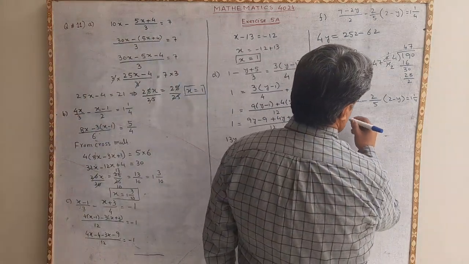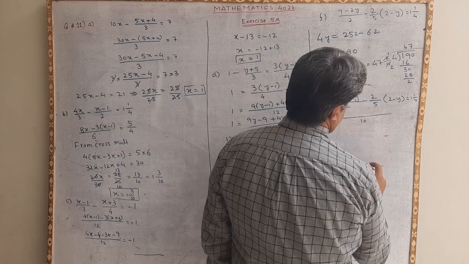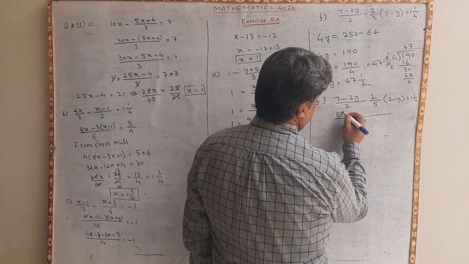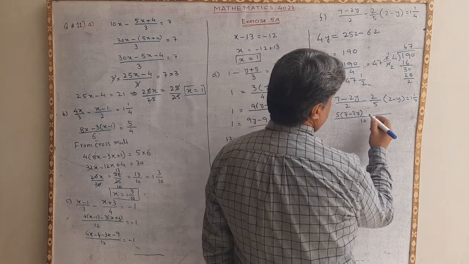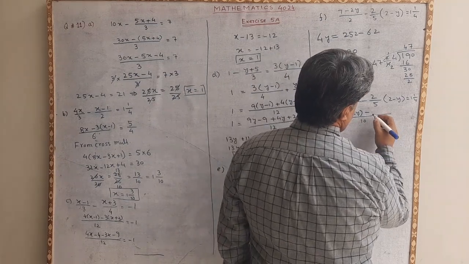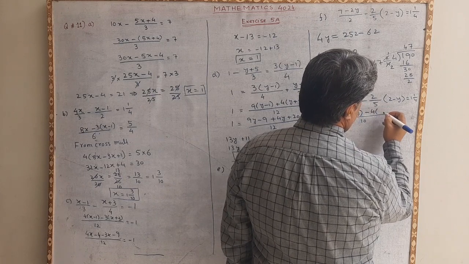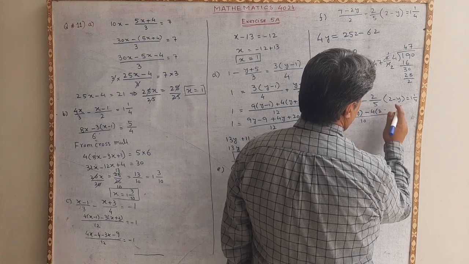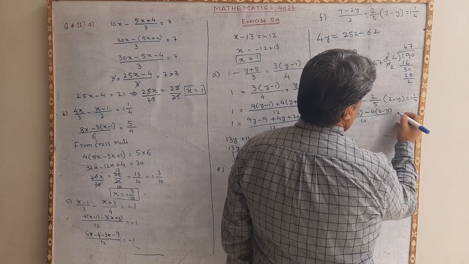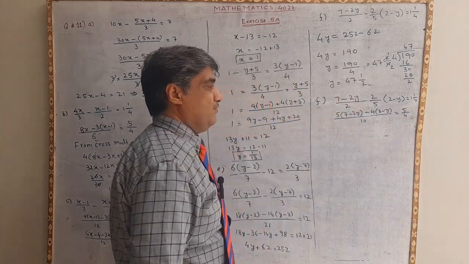First of all, I am taking 10 as the LCM. So it means that we have to multiply 5 with 7 minus 2y minus 4 into 2 minus y, and then I will write 5 divided by 4.